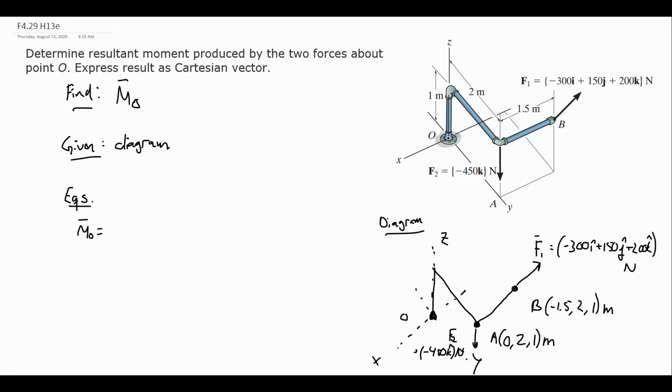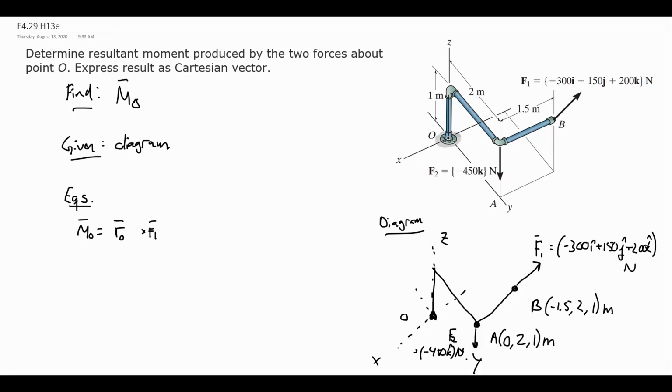Now, let's look at F1 first. So it's going to be an r cross an F1. These are vectors. We need Cartesian coordinates here. And now the r I need to use is going to go from O. It always will start at the point I want to know the moment about to any point on the line of action of, in this case, F1.